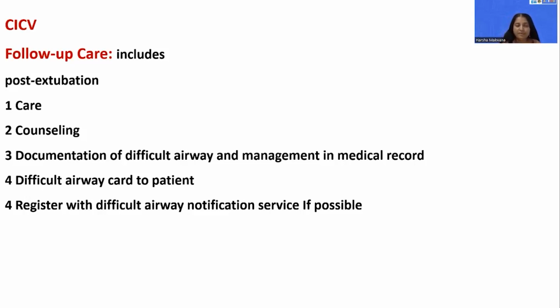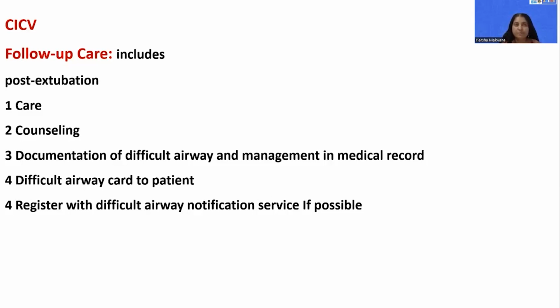So, he has to be given documentation, or in the discharge card, in block letters, it is written: difficult airway management or CICV. So whenever he goes to any hospital, he produces that card and the treating physician knows that if the patient becomes critical, there will be some problem with the airway. So if he has that facility, then only will he admit that patient, or he will shift the patient to other better care hospitals.